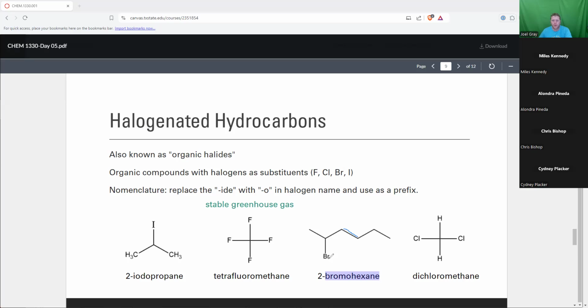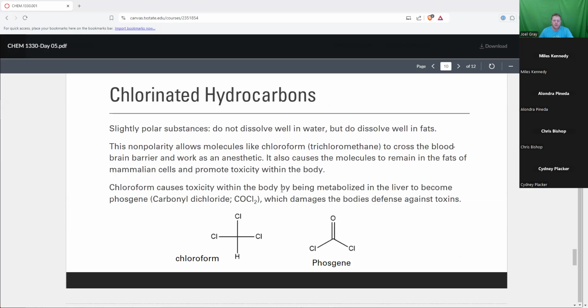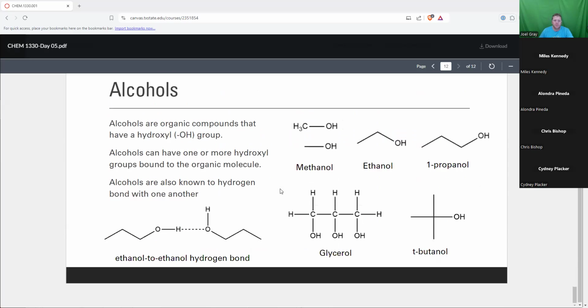So 2-bromo, and then we want to say where our double bond is, and that would be 2-bromo-3-hexene. So that says that our double bond is on carbon number 3. All right. So taking a molecule and just adding a little bit more to it, how does that change its name or anything like that? There's our chlorinated hydrocarbons, fluorocarbons.